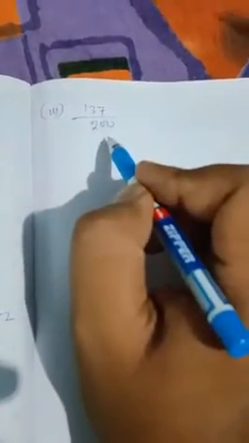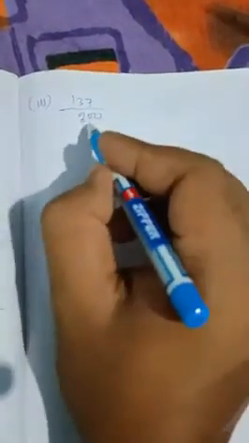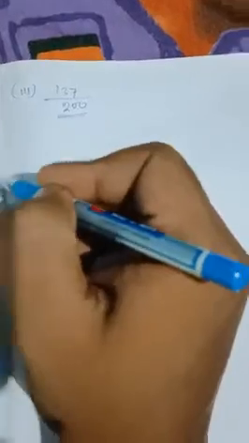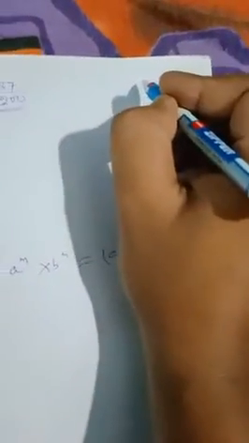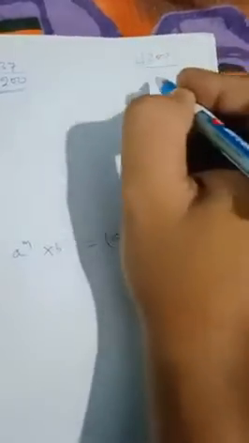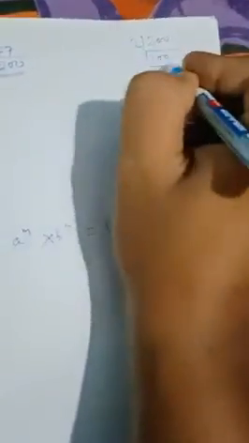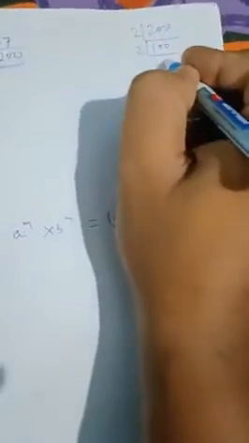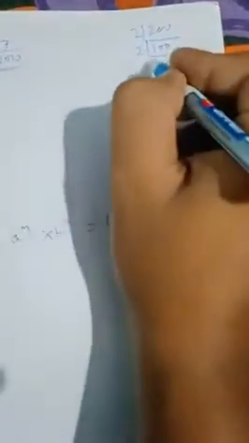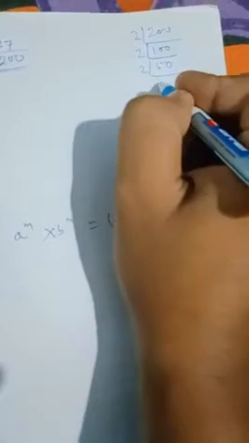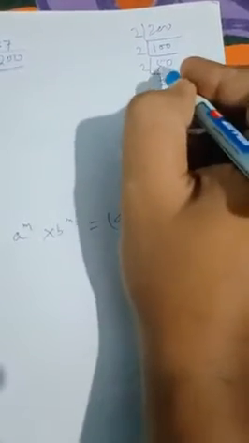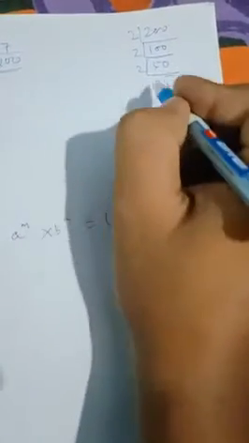Here the question is 137 by 200, and here also we have to find the prime factorization of 200, which is in place of q. So 200, that is, at first we will take 2, 2 1s are 2, 2 0s are 0, 2 0s are 0. Again we will take 2, 2 5s are 10, 2 0s are 0. Again we will take 2, 2 2s are 4, 1 left, 2 5s are 10.